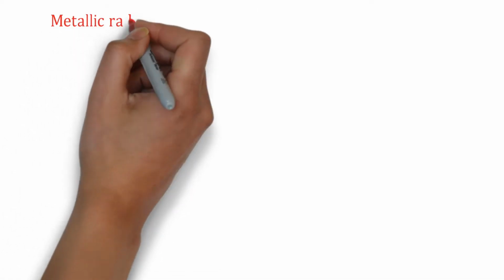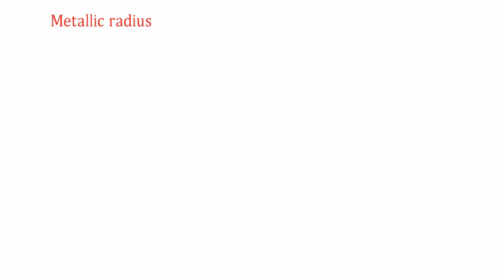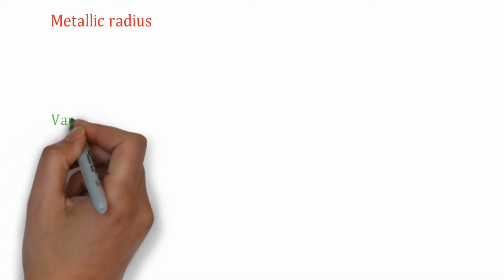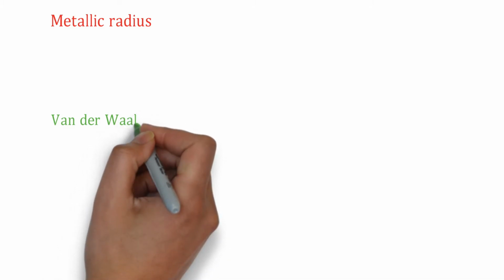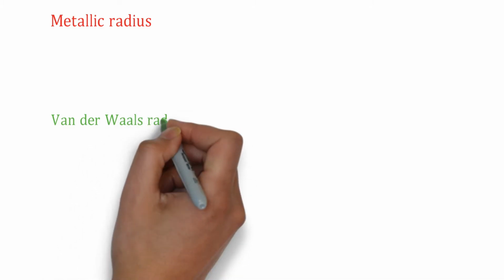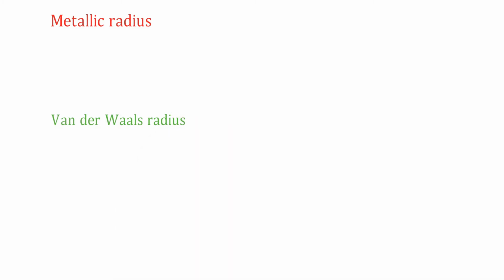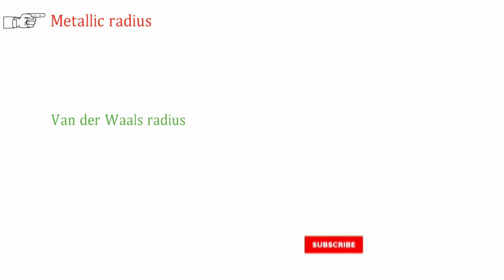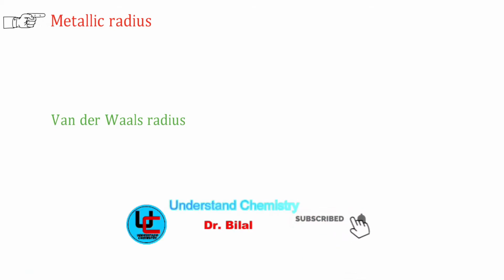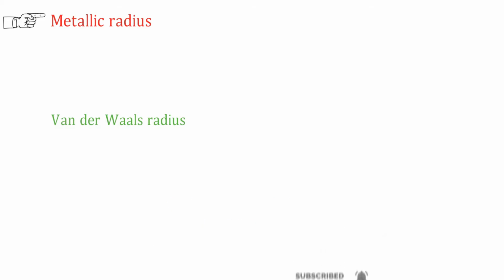Before I move further to explain the periodic trend of covalent radii in the modern periodic table and the factors affecting covalent radii, let me introduce you to two important terms. These are metallic radii and van der Waals radii. The term metallic radius is used to describe the radius of a metallic atom, as in a metallic crystal the atoms are not connected to each other by covalent bonds, but by metallic bonds.